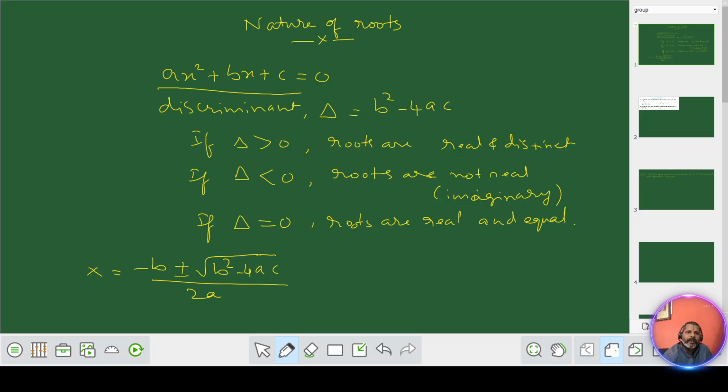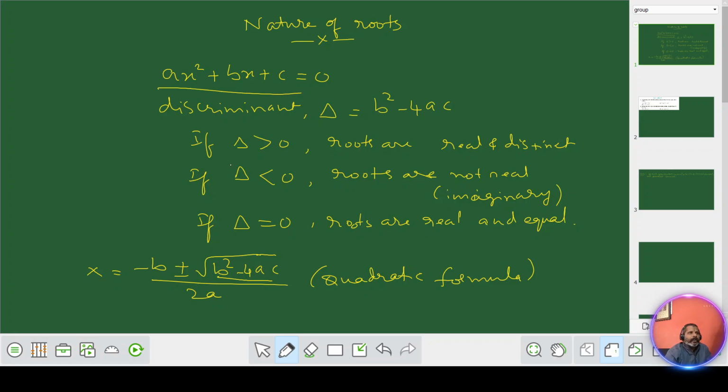As per the revised syllabus, there are no questions related to finding the roots by the quadratic formula method. Okay, this is called the quadratic formula. So if you observe here, b square minus 4ac is under root.